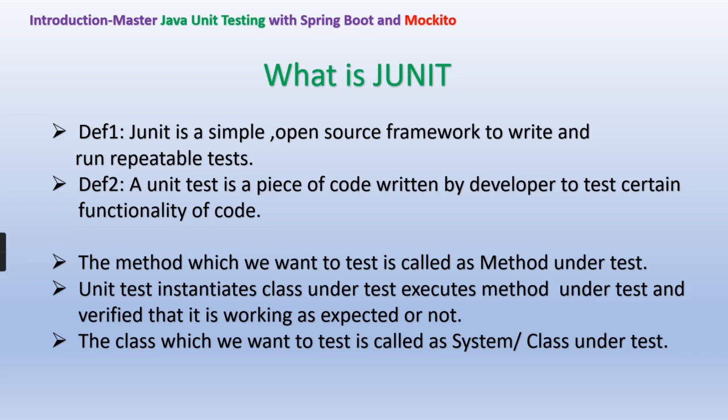Using JUnit we can test whether the functionality the developer has written is going to work fine or not before deploying into any of the environments. It could be SIT or UAT or production. That is the reason definition 2 says that a unit test is a piece of code written by a developer to test certain functionality of the code.